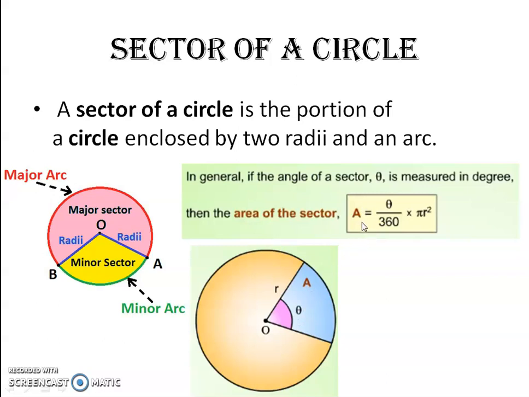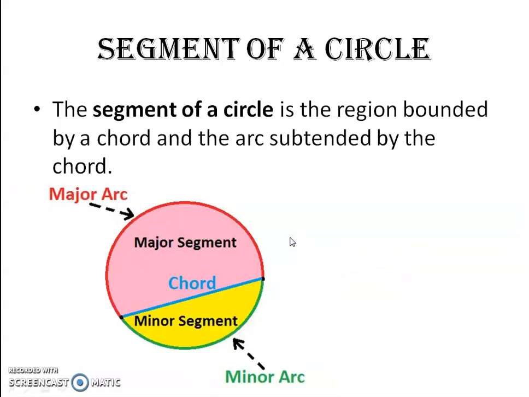Area of the sector is theta by 360 degree into pi r square. So remember the formula to find the area of sector of a circle.